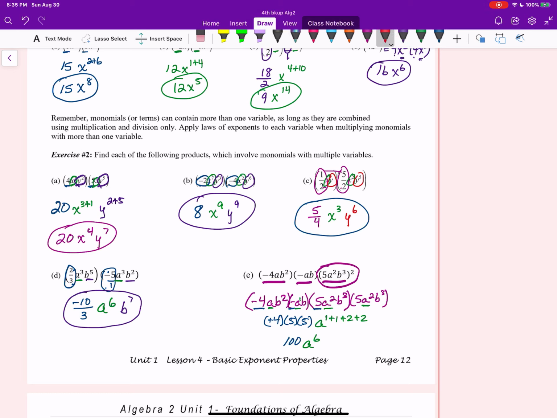And b to the second times b to the first times b to the third times b to the third. So that would be b to the 2 plus 1 plus 3 plus 3, which would be b to the 9th. So this is our result.